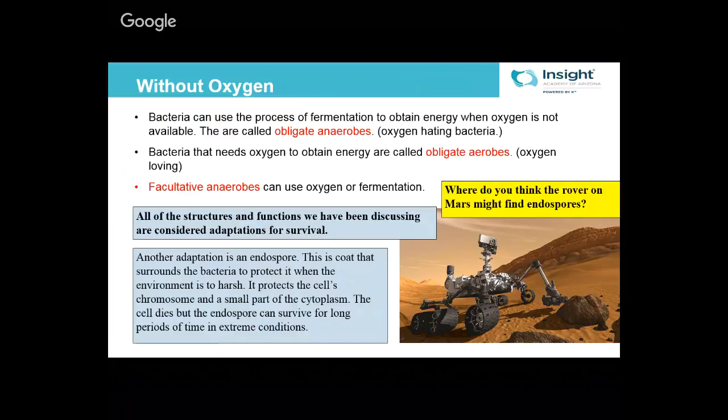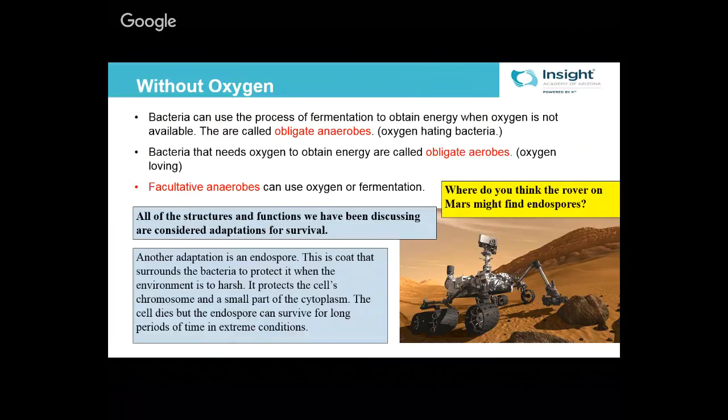So I want you to think about Mars. One of the things that the team of scientists that is studying Mars is looking at is, are there resources there or items that living organisms need in order to survive? Or is it possible that there was actually life on Mars at one point?